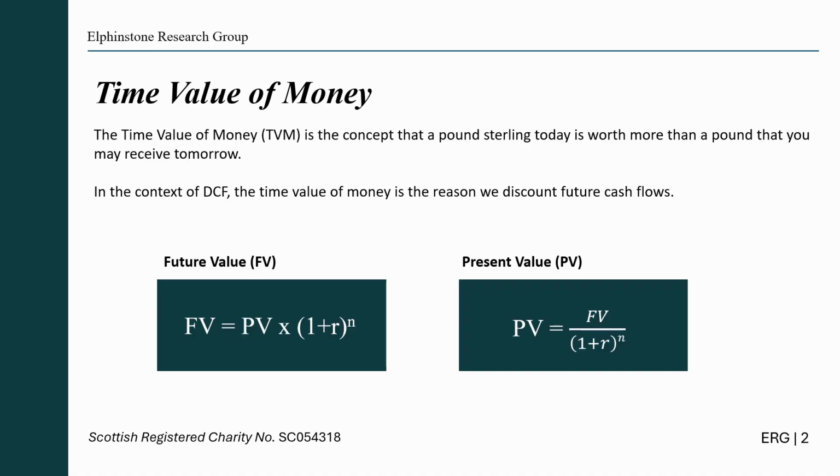The second one, which is present value, looks at how much is a future payment worth right now, and that is represented by the formula on the right, which is future value divided by the discount factor.